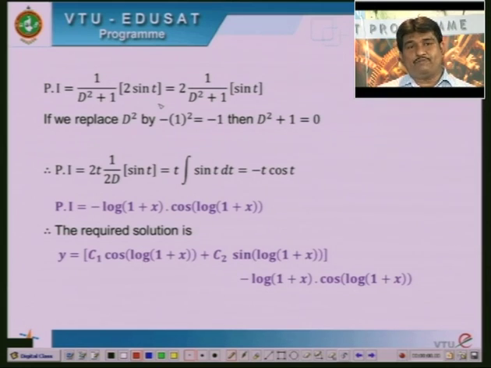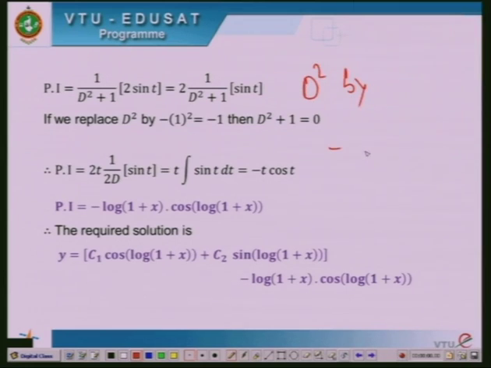In type 2, we have to replace D square by minus a square, where a is the coefficient in sine of ax plus b. In this case, a is 1, but if we replace D square by minus a square, the denominator becomes 0, and hence you multiply by the independent variable, which is t here, and differentiate the denominator, which gives 2D, operated on sin t.